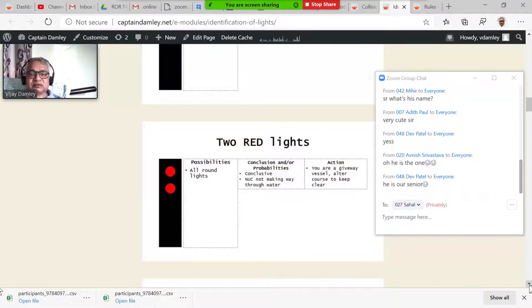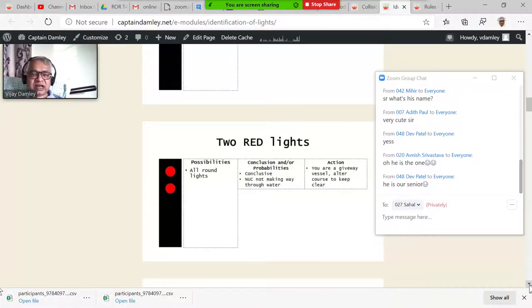Now, two red lights, if you see. Two red lights, they have to be all-round lights, because there are no two colored lights with a sector. Sector light and color, this combination is only side lights.